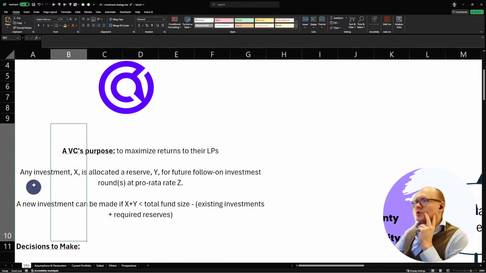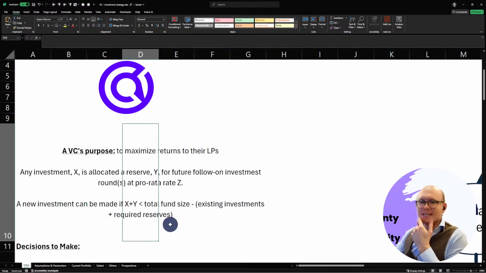So if we were to label the investment size, any kind of investment, as X, we could consider the reserve that we anticipate we would need. Basically, we would allocate a fraction of the funds to such follow-on future investments.